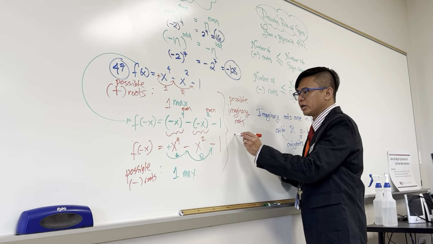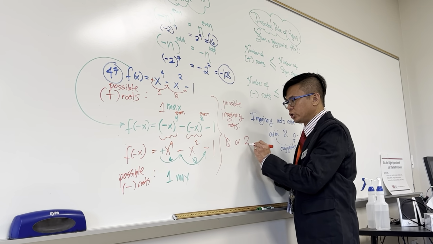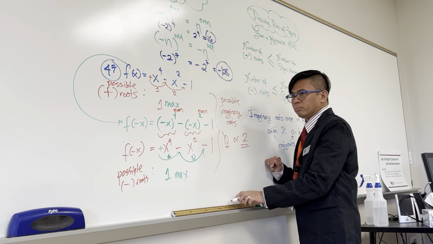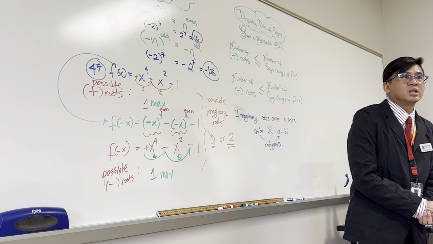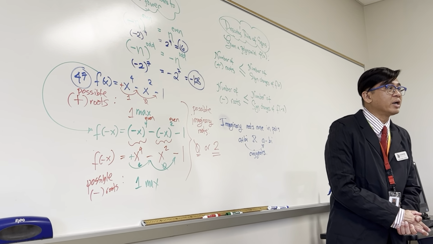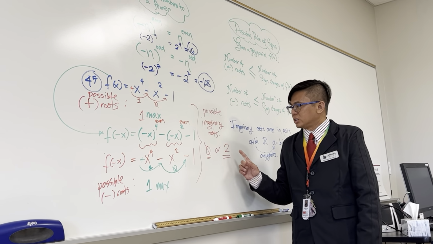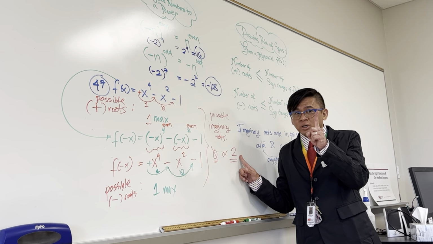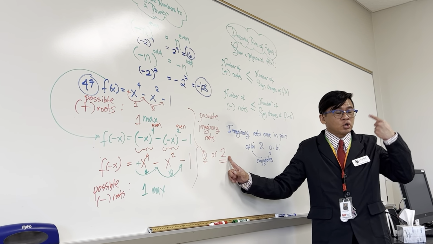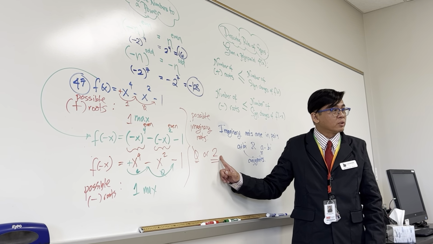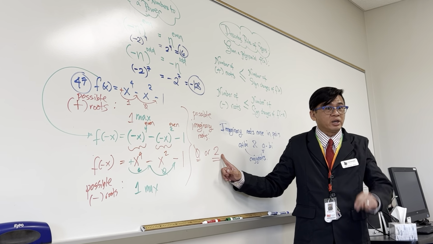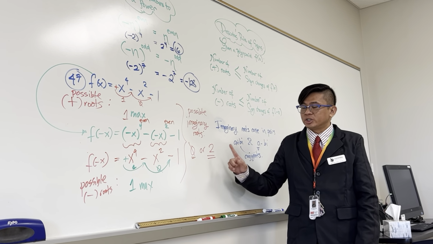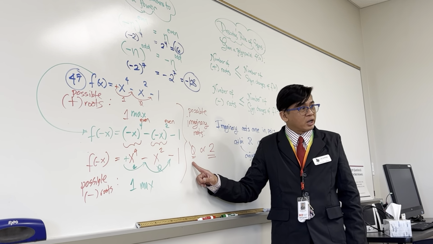Well, we can say in here either 0 or 2 possible imaginary roots. Are we good? Why? Because if there's at least one imaginary root, then its complex conjugate is also a root, right? So it always comes in pairs. So it's either there's 2 or there's none.